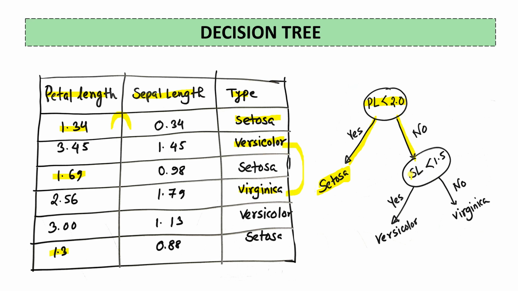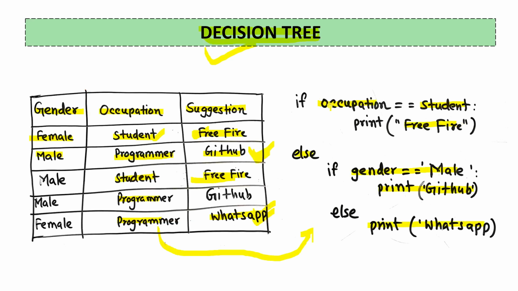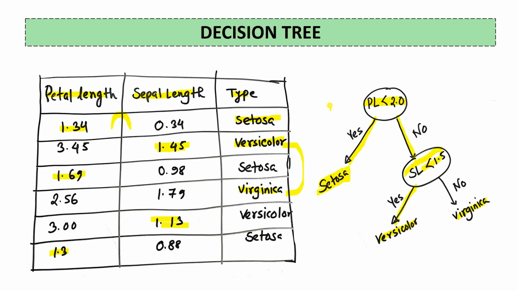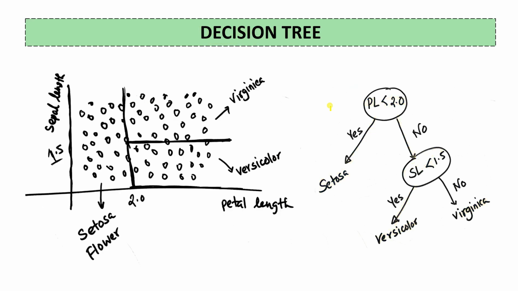If the sepal length is less than 1.5 for the Versicolor, you can directly say that this is a Versicolor. Otherwise, this is a Virginica. Simple thing, you can do it for the numerical data as well. So you see that we can handle the categorical data, and we can handle the numerical data as well. Now let's go on to the next slide.